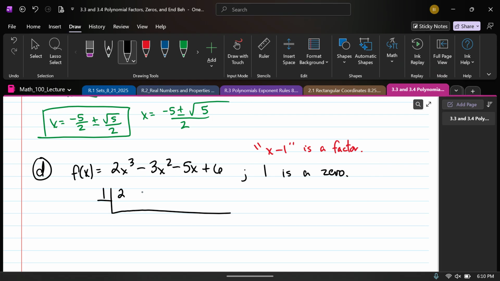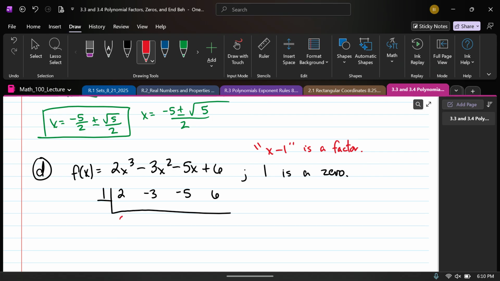I got the 2, -3, -5, and 6. Now I'm going to run synthetic division on that. I should have a 0 in the remainder spot. If I don't, then that's my fault. I did something wrong. That remainder's got to be 0 because they told me that 1 was a 0.